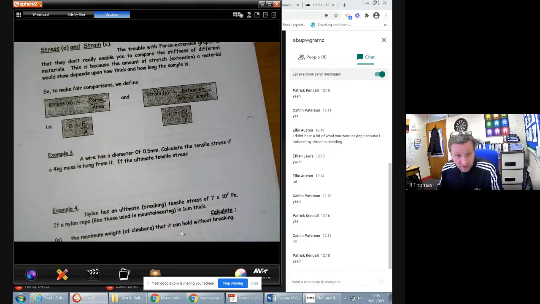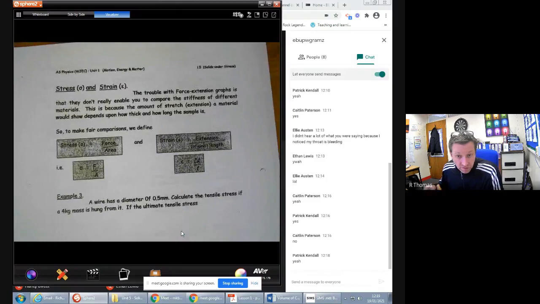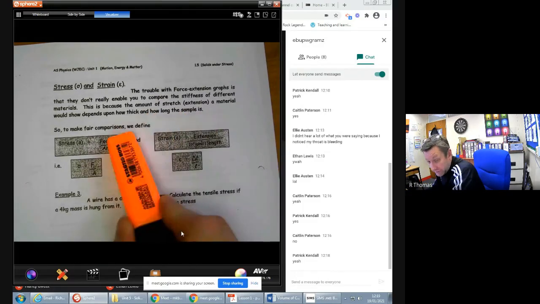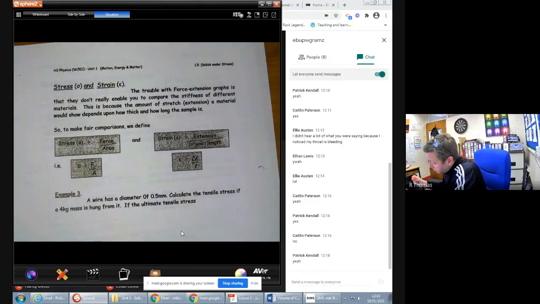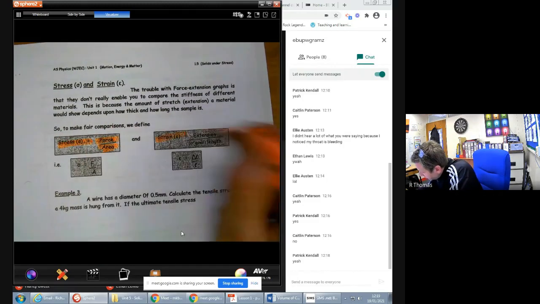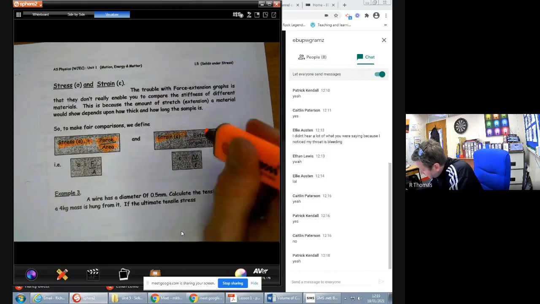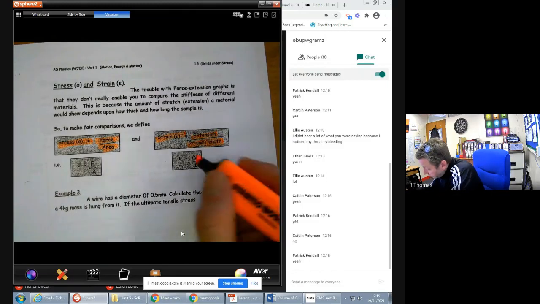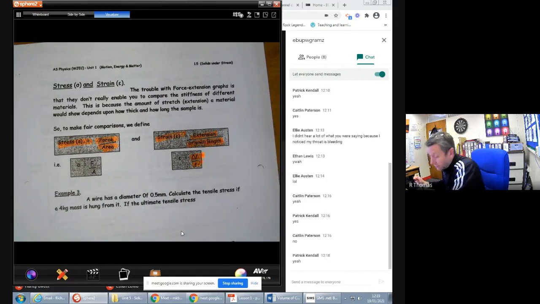Same notes again now, but just reiterating what we've learned. The reason we have this thing called Young's modulus is because different materials will have different dimensions. So stress, sigma, is force over area. Strain, epsilon, is extension over original length. And here's another way of writing that. Don't forget that little triangle there we call delta.